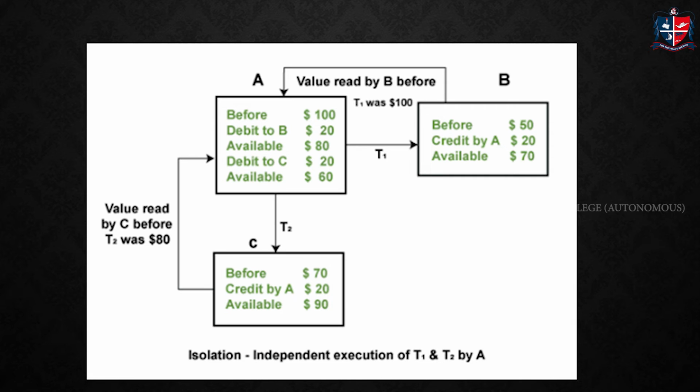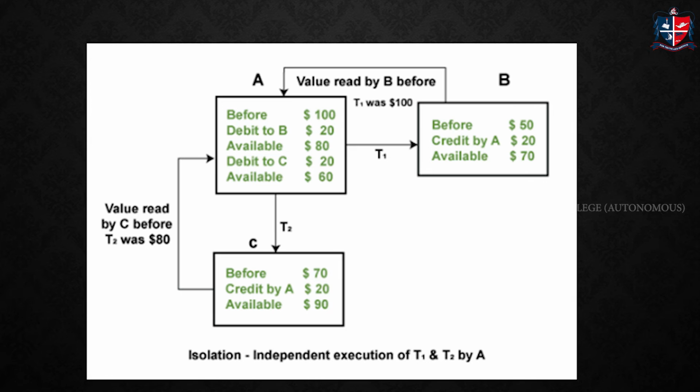If I send 20 rupees to B, 20 will be debited from account A. The value of B before any process was 50, so credited by A will be 20. So 50 plus 20 equal to 70.